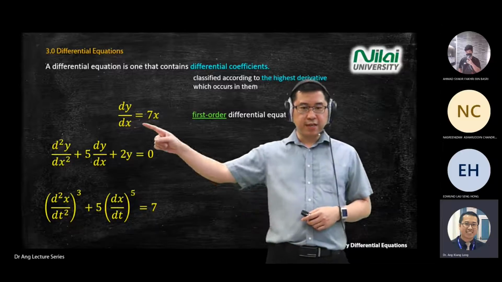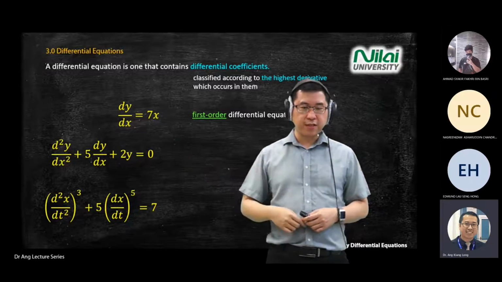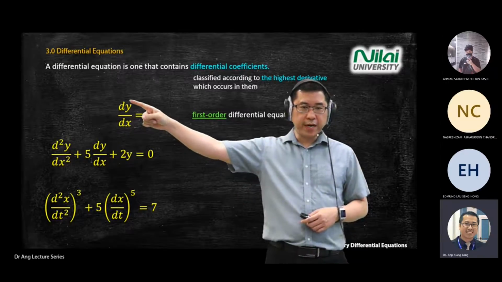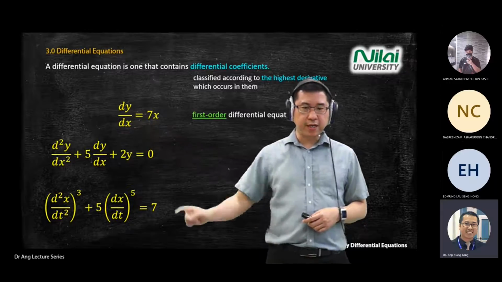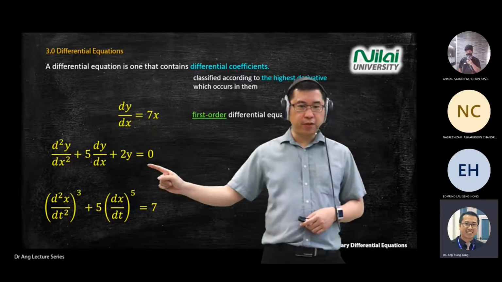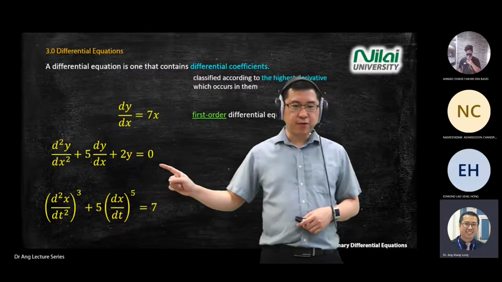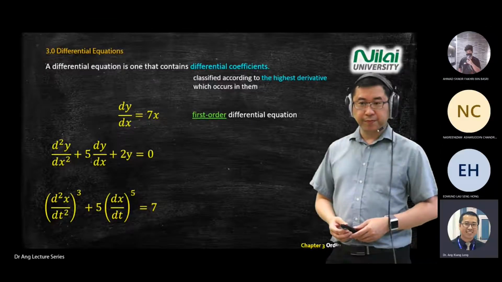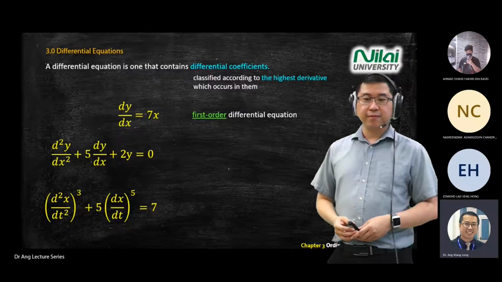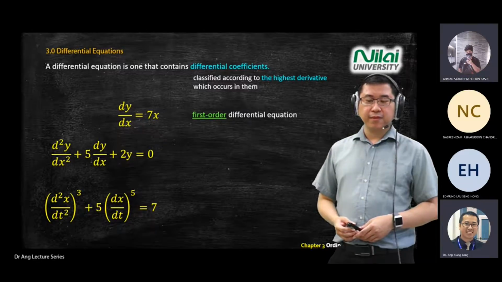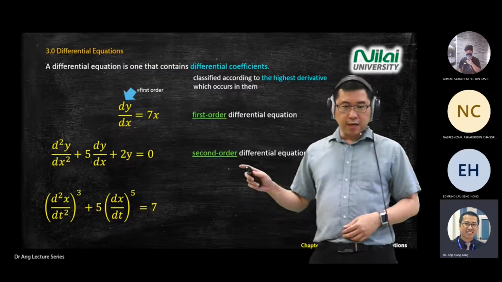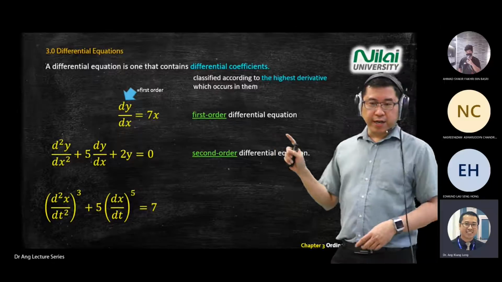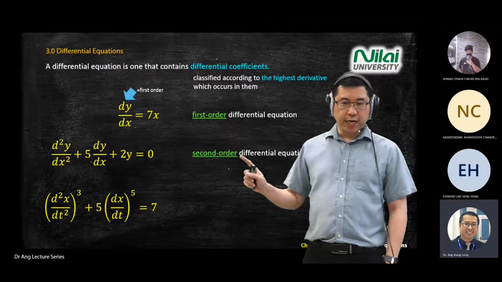The first equation we name as first order, because of the 1 here and the 1 here. If you look at the second one, what will be the name? Second order. Second order differential equation. So by looking at the form or the pattern of the equation, you can categorize them into first order and second order.